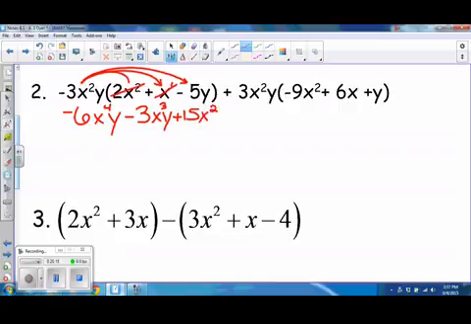And then I have y times y, which is y squared. Now I'm done with that one. Now we need to distribute the 3x squared y over here. Okay? So y'all go ahead and do that. And we're going to come around and check to see that you're getting it correct.